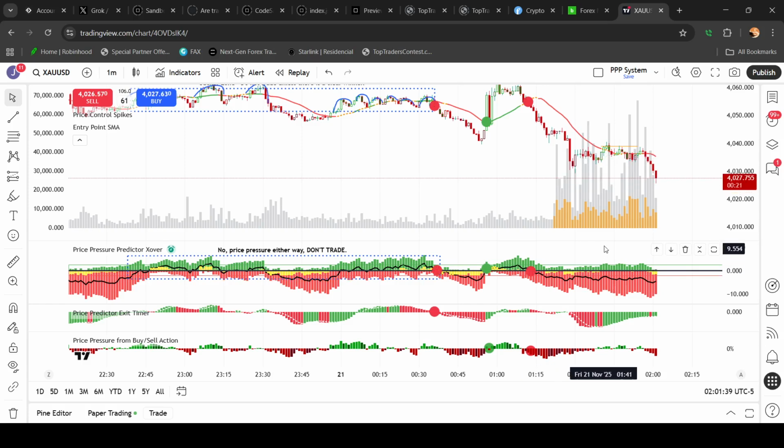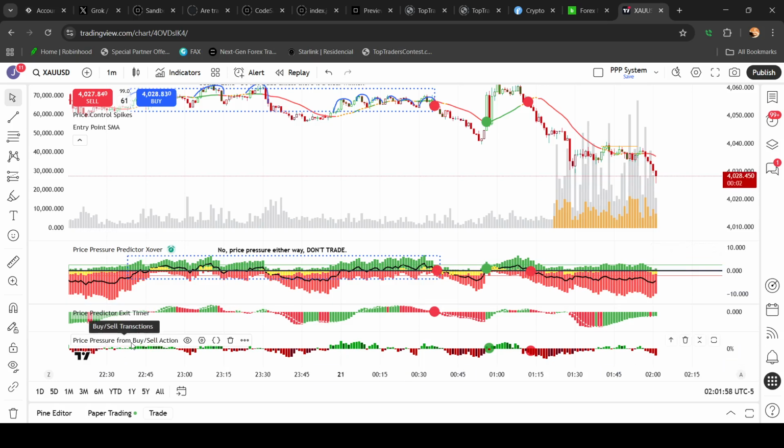Okay. In this case, what we're seeing here for a long time is bearish pressure. We'll look at our line. It stays below our price pressure predictor crossover indicator. Okay. Now down here, this is price pressure from buy sell action.